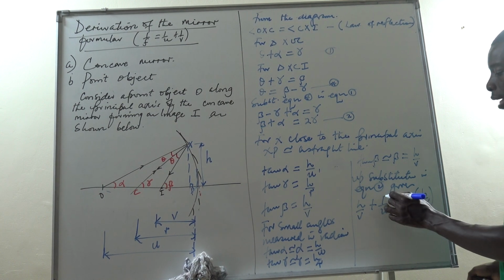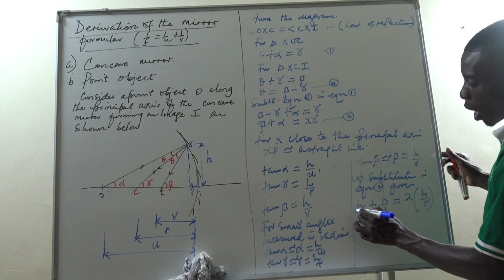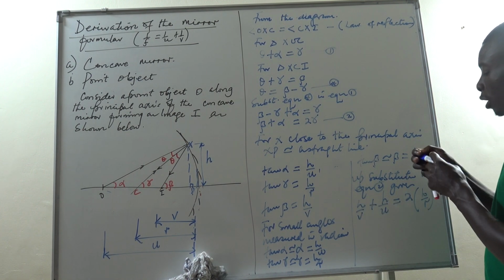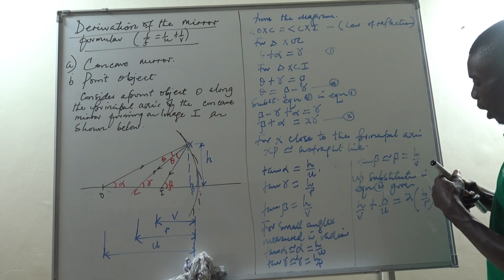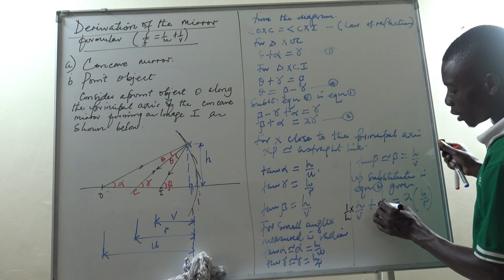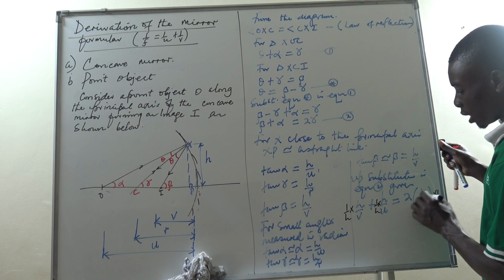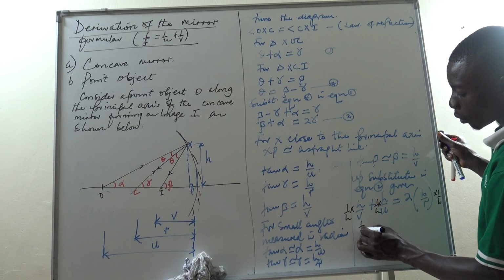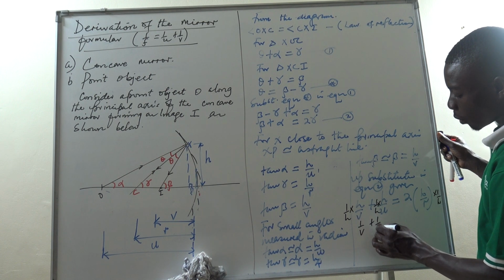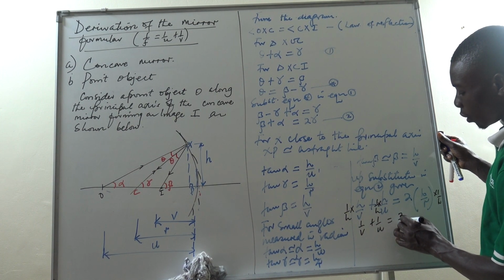If you multiply throughout by 1 out of h, you'll say it is 1 out of v plus 1 out of u equaling to 2 out of r.